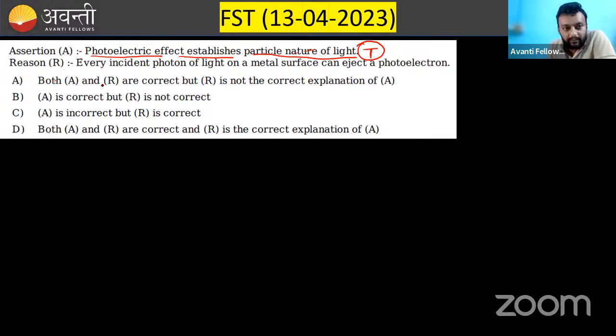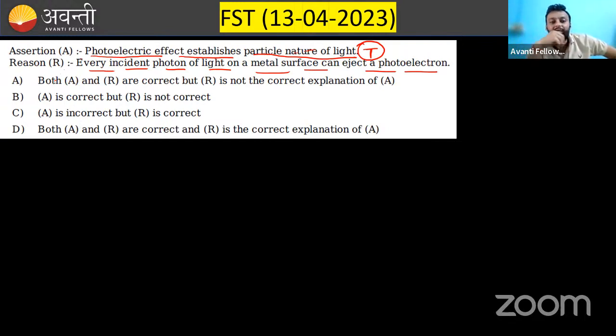In the second statement, every incident photon of light on a metal surface can eject a photoelectron. Now, this is not true. What is the condition that a photon will eject an electron? The energy of the photon must be greater than the work function. Only then will the electron be ejected.